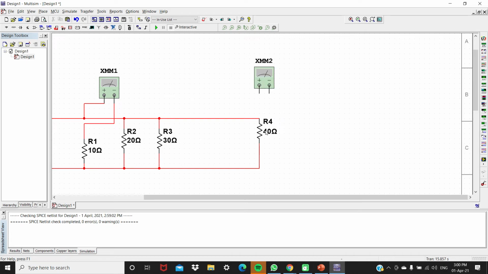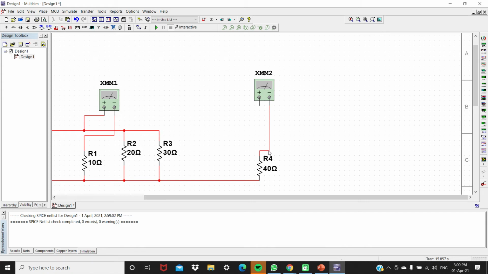There's a correct one. Yes, remove it. Connect it back. Just connect the positive probe. Yes, it's the same. Okay, now run it and let's compare the current.